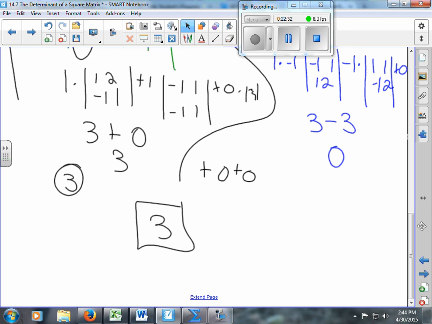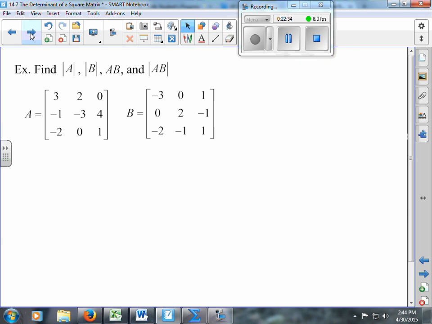All right, so the last thing I have up here is another example, but I'm going to go ahead and stop here. I'm asking you to find the determinant of the 3 by 3 A and the 3 by 3 B, to find the product, and then find the determinant of that product. So I would like for you to stop this and go ahead and do this example question if you're feeling confident and you want to try it out, okay?